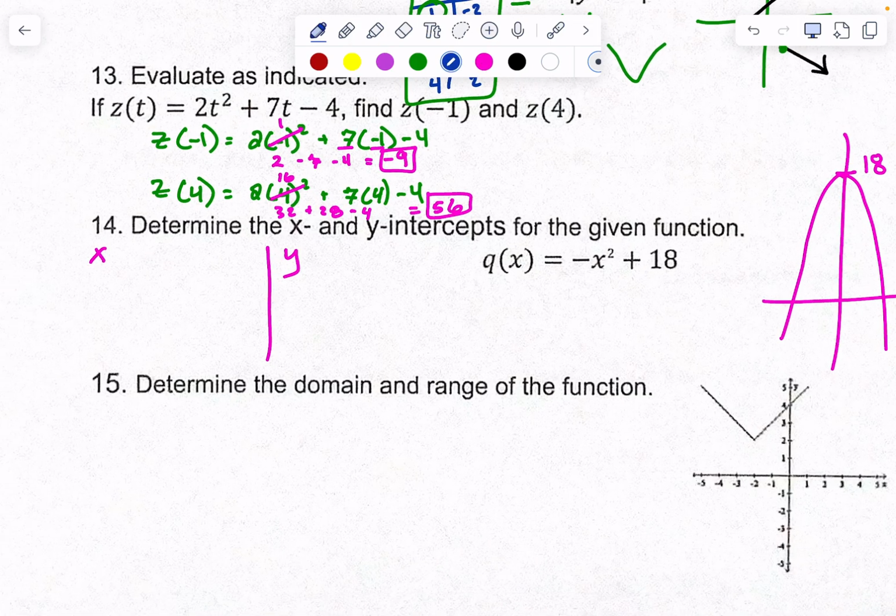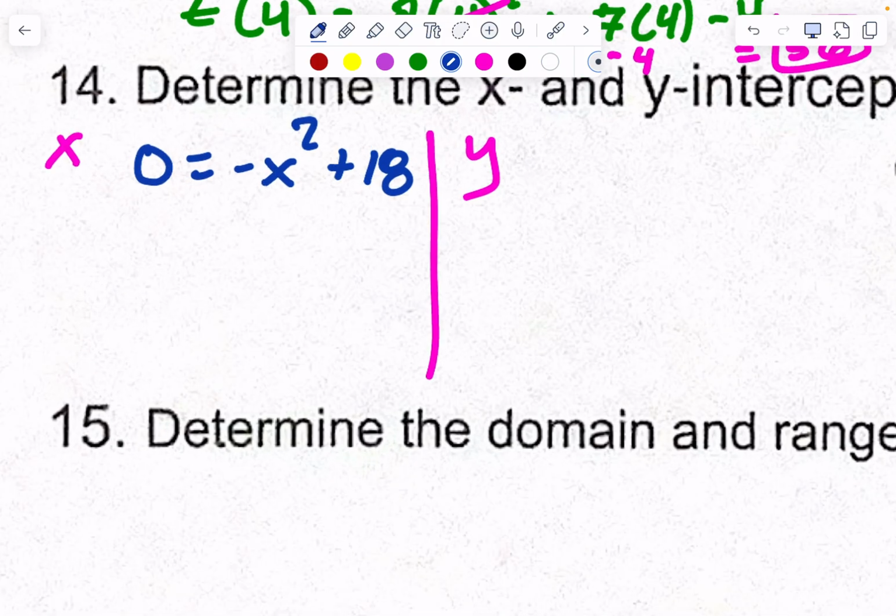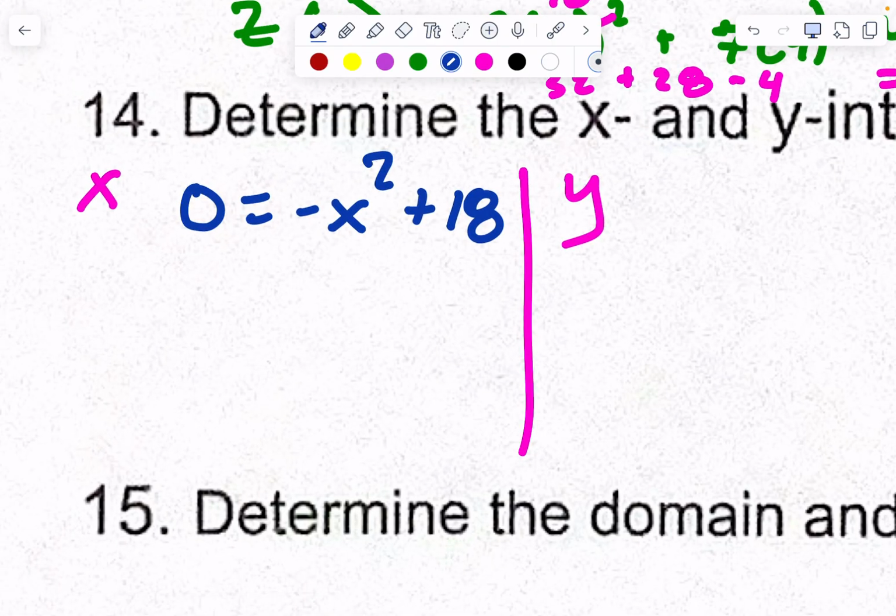To find the X-intercept, you plug 0 in for Y. So 0 equals -x squared plus 18. Let's move the x squared to make it positive. So x squared equals 18. Then you take the square root.